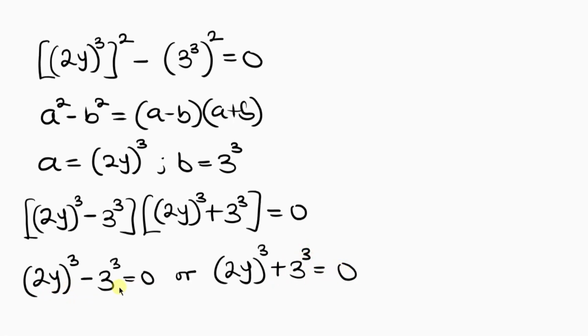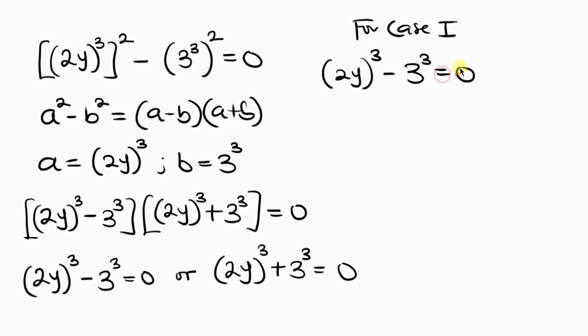Now let's focus on the first case. So let's say for case 1, we have 2y all cube minus 3 to the 3 equal to 0.